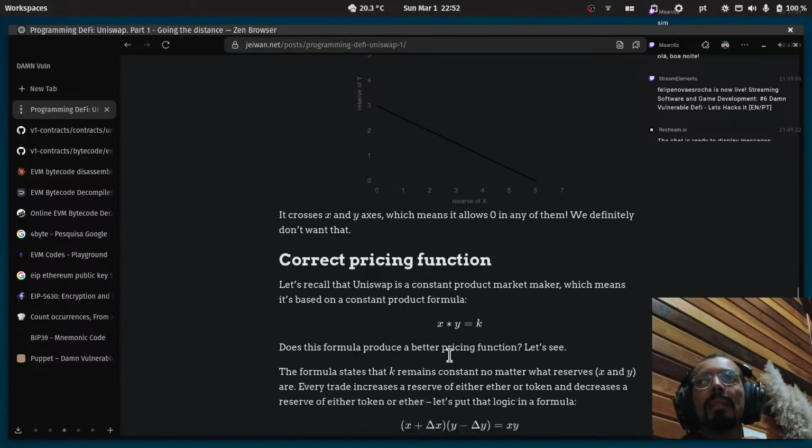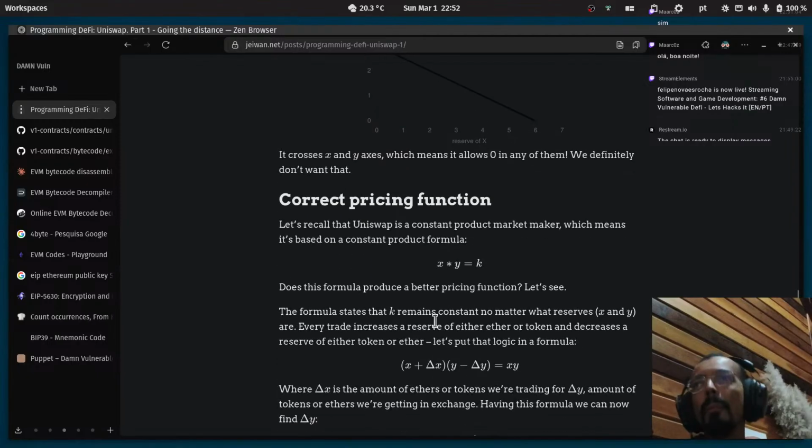And that makes sense, right? Because you just need to give fewer tokens to people, and that's going to create a price variation. So let's put the logic in a formula.